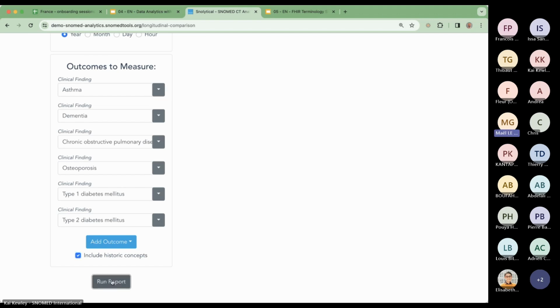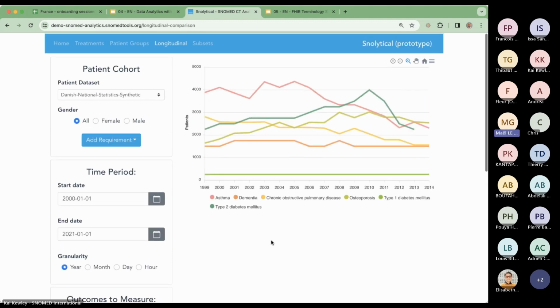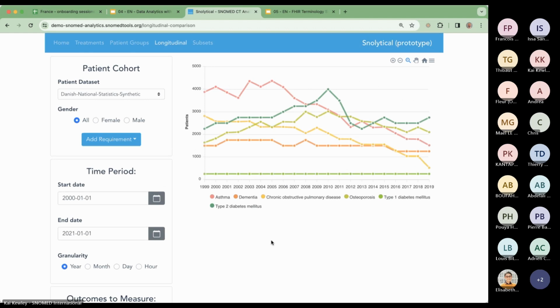So we're ready to run this report. I click run, and it starts to generate over the years, pulling the data from the API. This is a nice longitudinal view, and really the purpose is to show trends over time. We've got diabetes type 1.